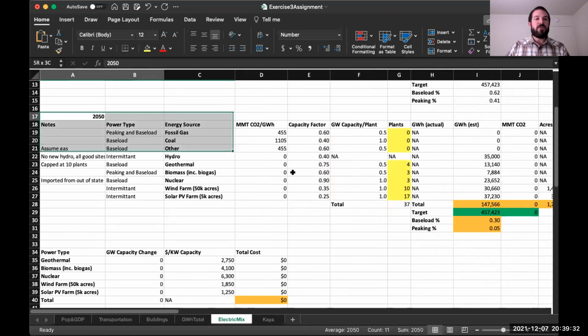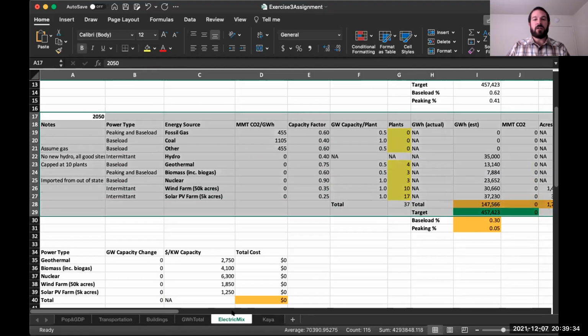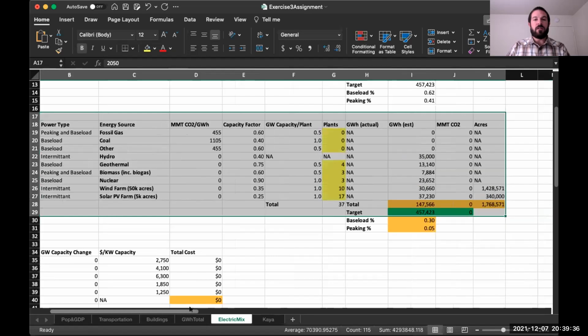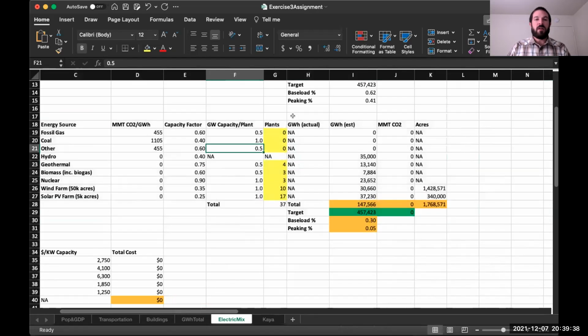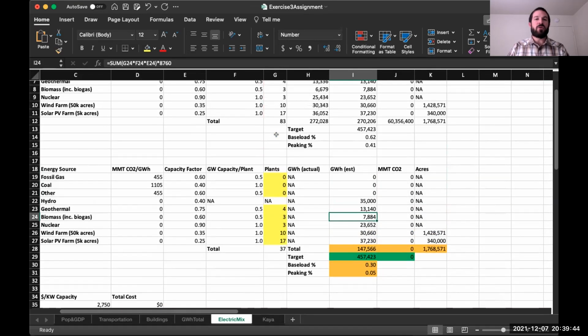So the 2050 model, what I have down here is almost exactly the same, except in yellow, I've highlighted the numbers that you should be changing in order to get to the target amount of CO2, which is 0, and the target amount of energy generated.